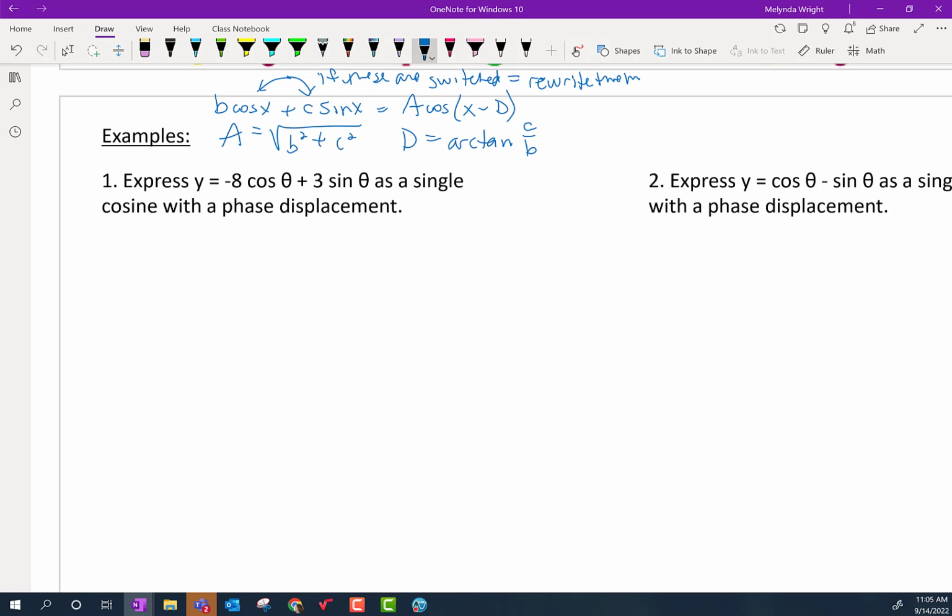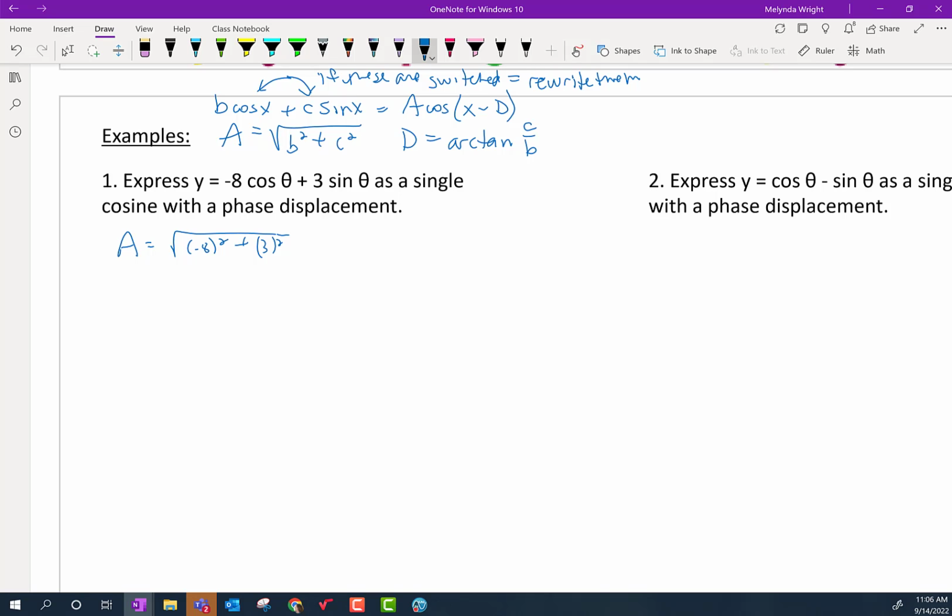Okay, so let's do that. The easiest one is A. Let's find A first. A is the square root of negative 8 squared plus 3 squared. Remember, if you're using your calculator, which you probably will for most of these, you need to put the negative 8 in parentheses. If you don't, the calculator is not going to understand what you want, and it's going to make it a negative number.